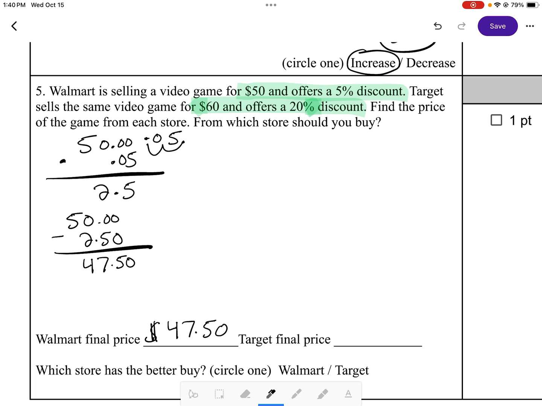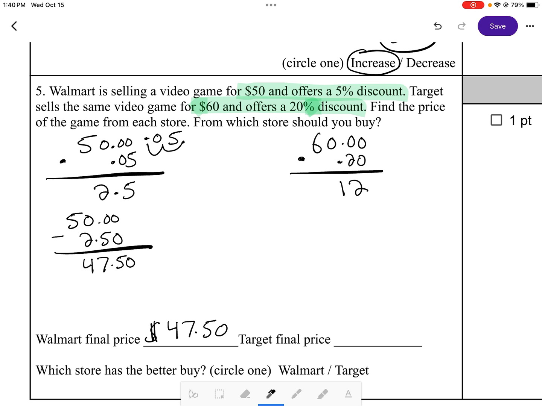Now for Target, we're going with a $60 game at a 20% discount. As a decimal, that's 0.20. I'm going to multiply it first. All right, so 60 times 0.20, that's $12.